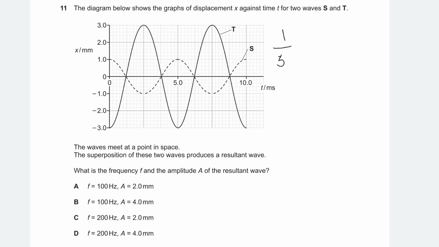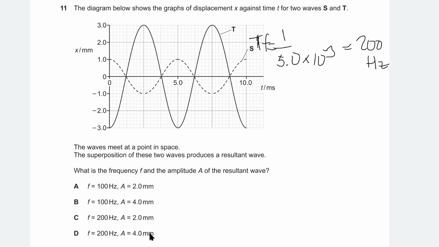So 1 over 5.0 times 10 to the power of minus 3 will be the frequency. So let's put that into a calculator. 1 over 5.0 times 10 to the power of minus 3. That's going to give me 200 hertz. So the answer is either going to be C or D.